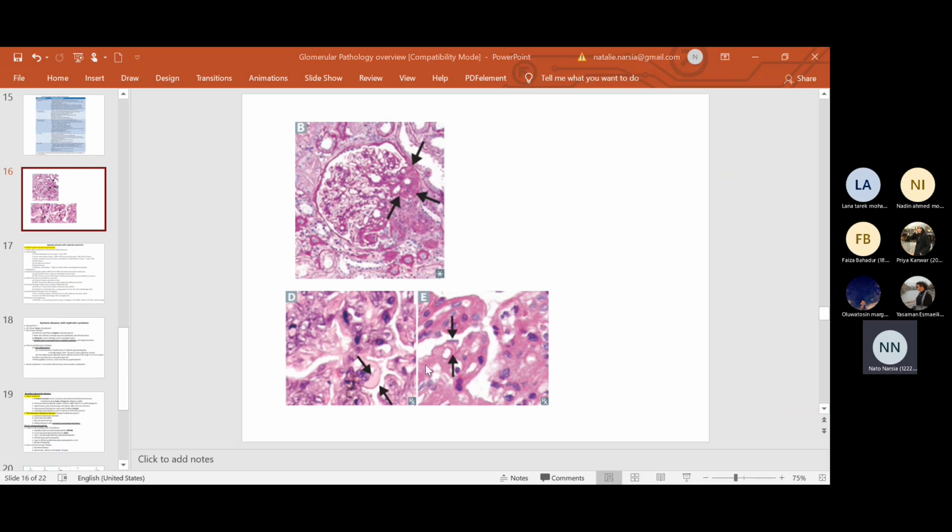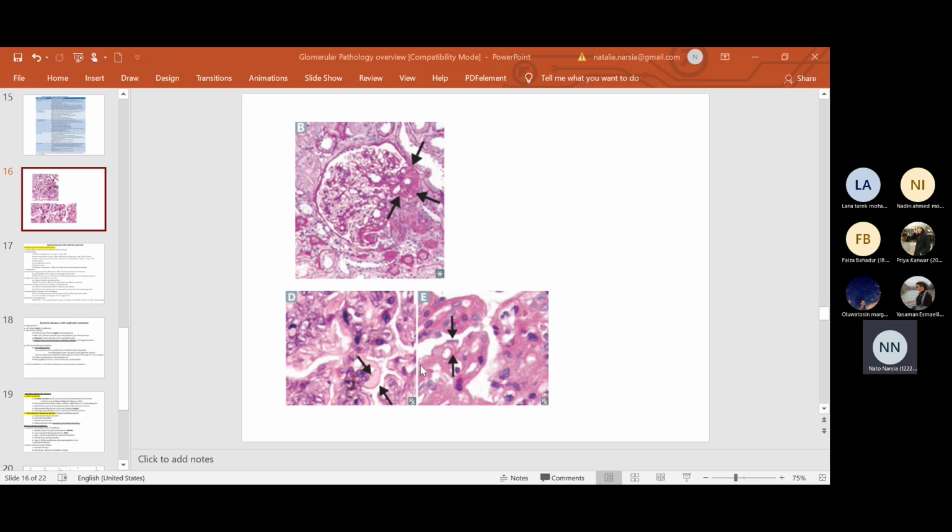What does it mean? Actually, focal segmental glomerulosclerosis, guys, again, like minimal change disease, is idiopathic. We don't know the reason. Most commonly, if you find this disease, you will never know where it comes from, but association helps us.